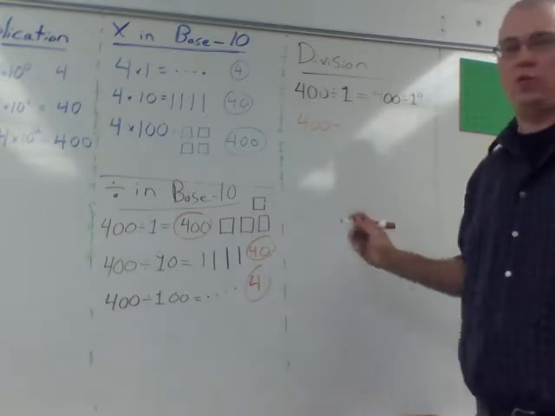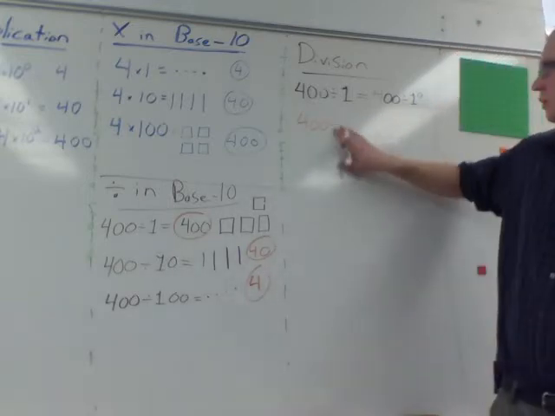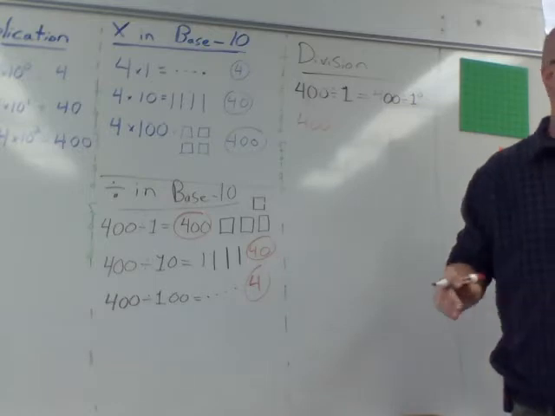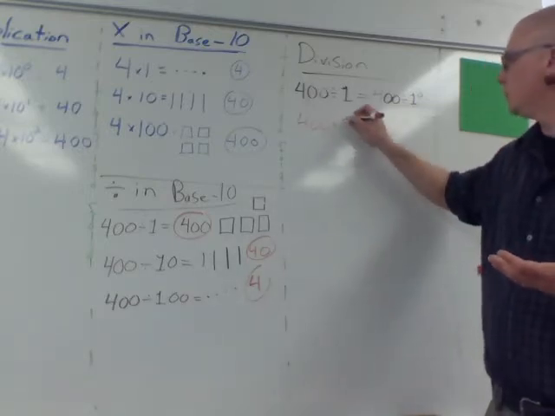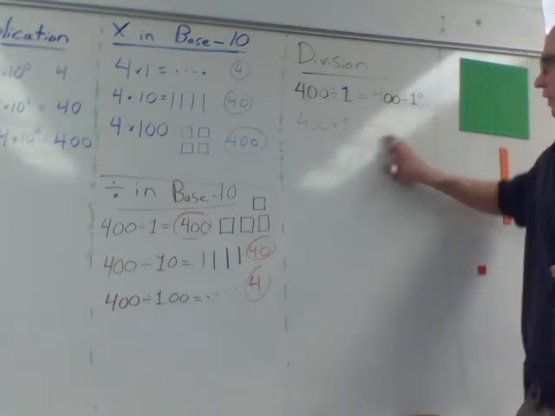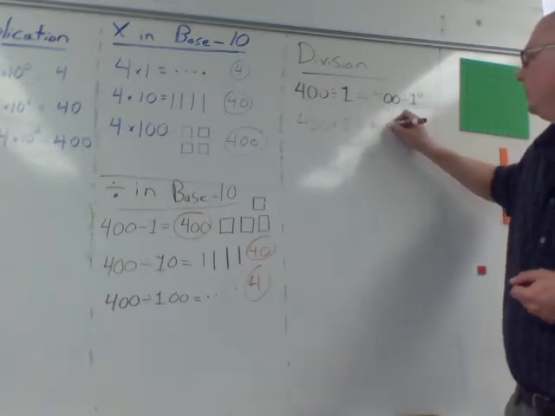I can't really do it with a 1, can I? $400 times 1 gives me the same thing, doesn't it? It does. So this isn't going to look real fancy the first time we try it.